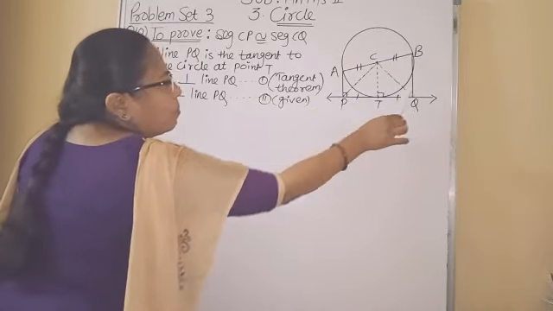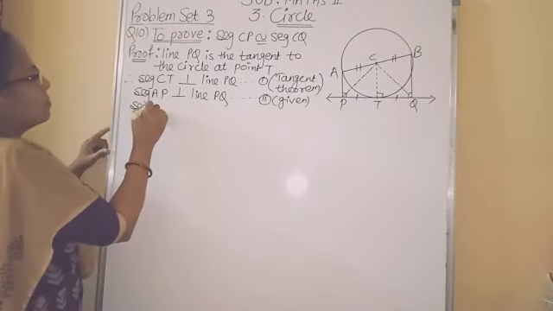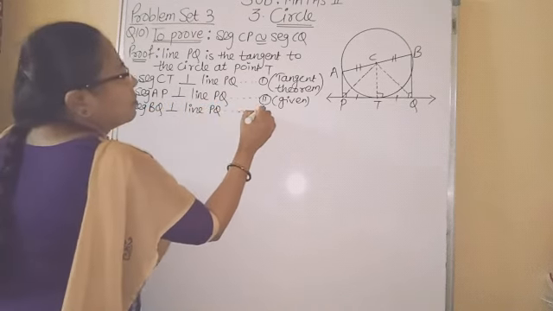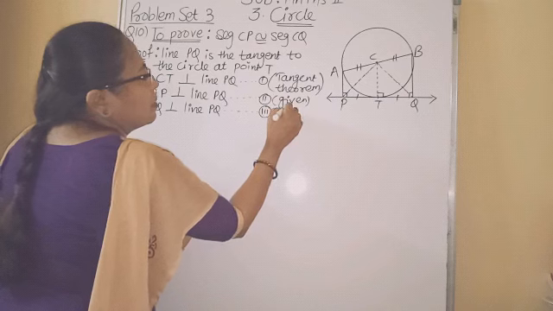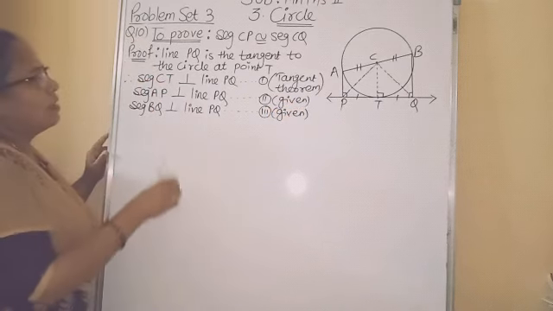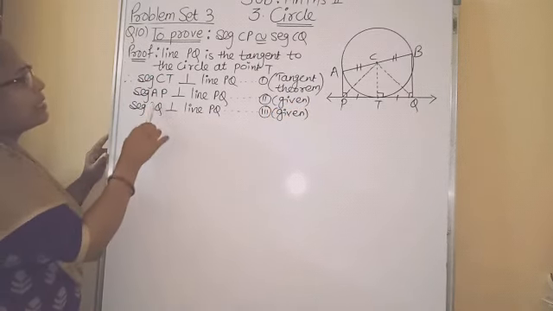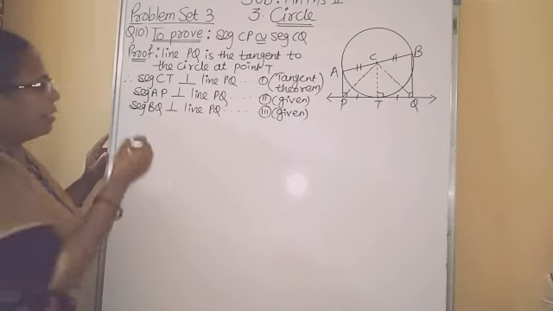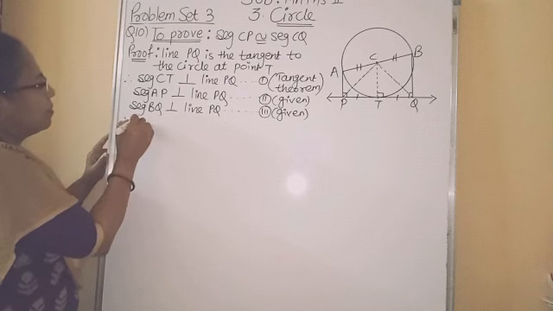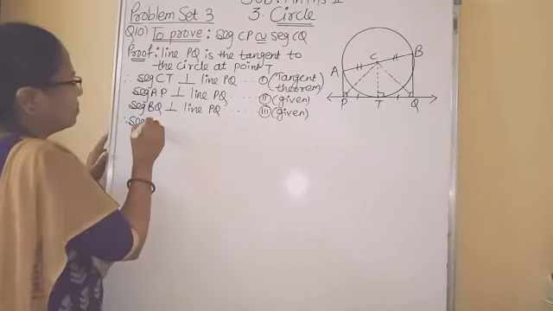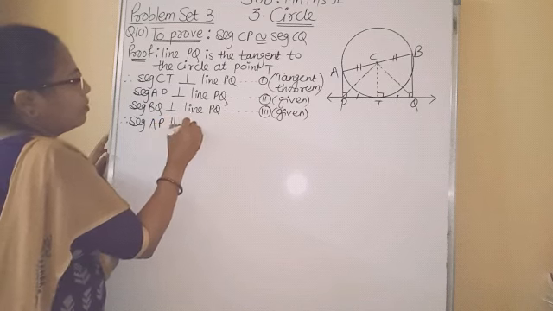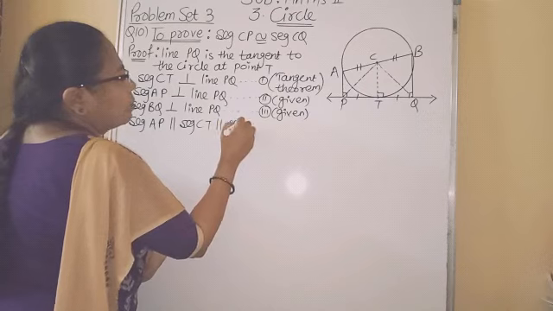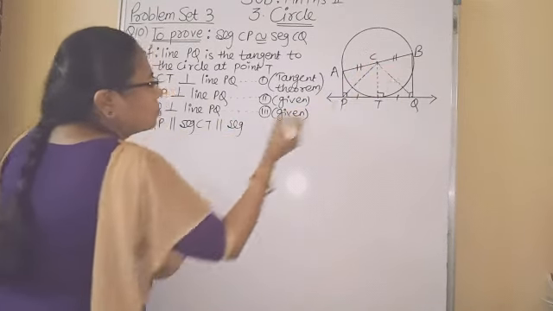Segment BQ perpendicular to line PQ. Statement number 3, reason given. So see, these all three segments are perpendicular to the same line. So all these three segments are parallel. Therefore, segment AP parallel to segment CT parallel to segment BQ.